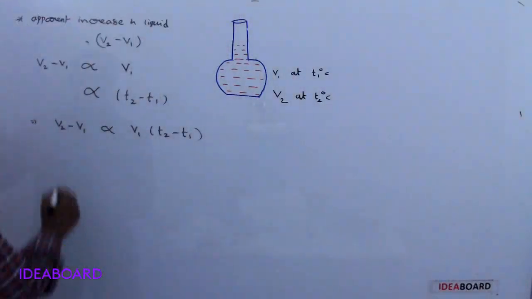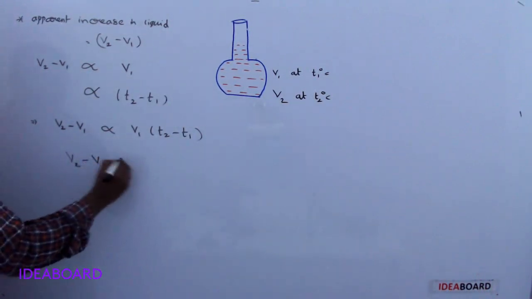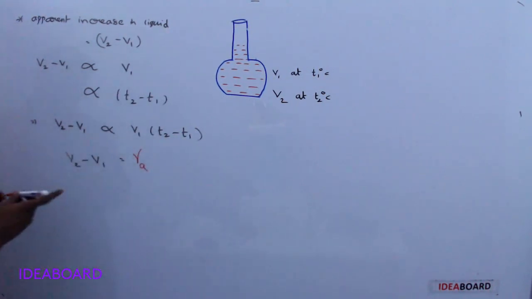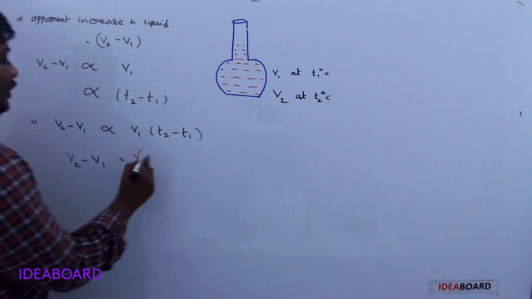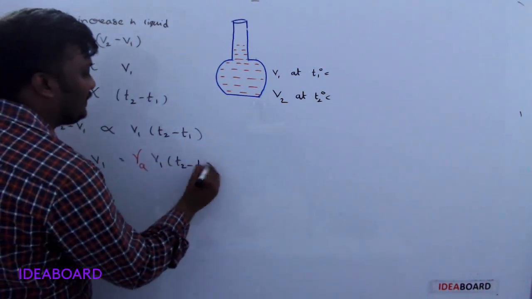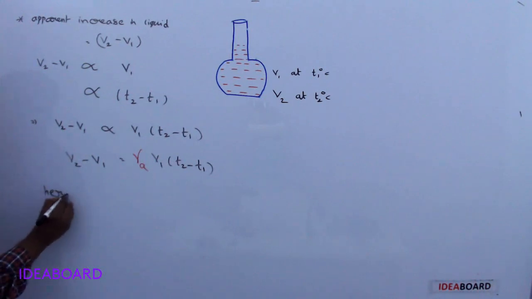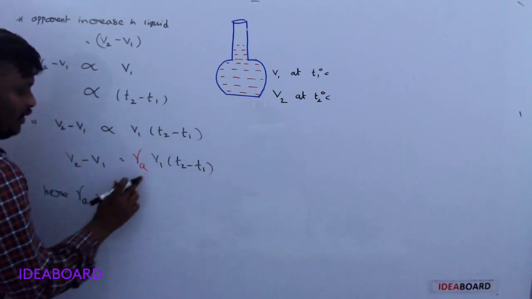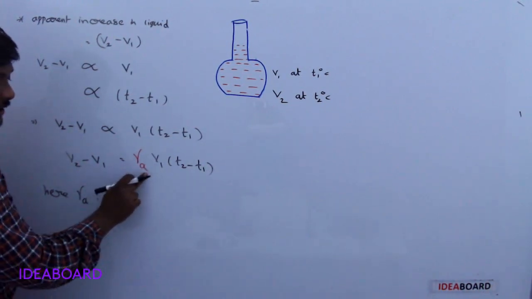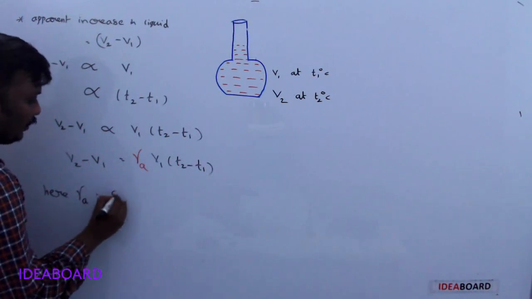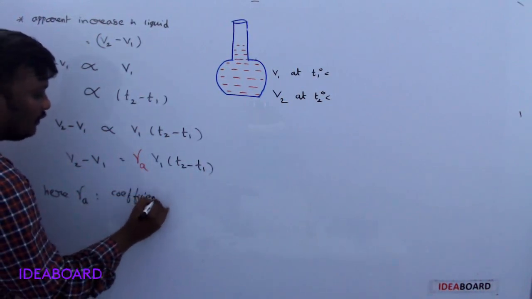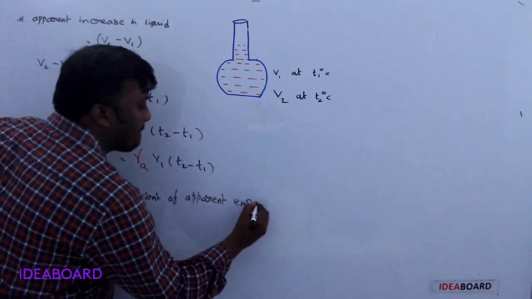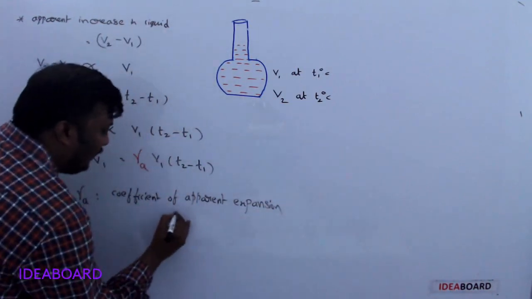Now V2 minus V1 is equal to gamma A into V1 into T2 minus T1. Here gamma A is a proportionality constant. It is named the coefficient of apparent expansion of liquid.